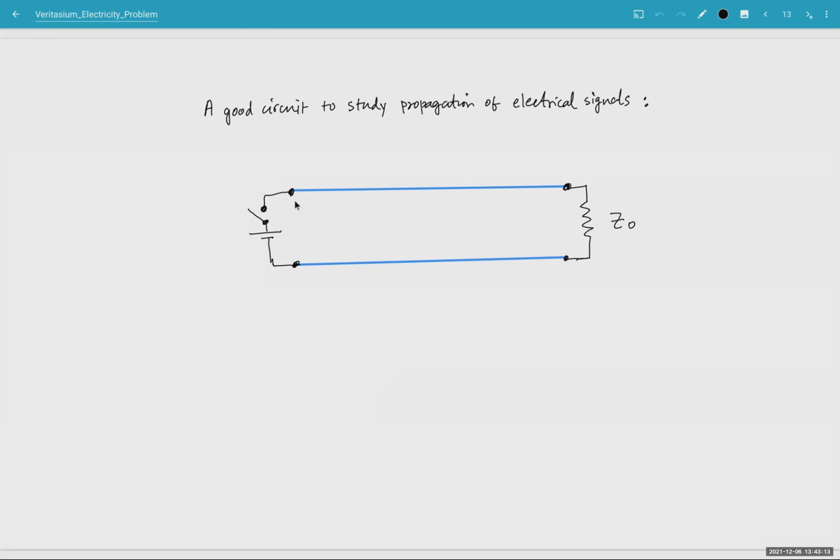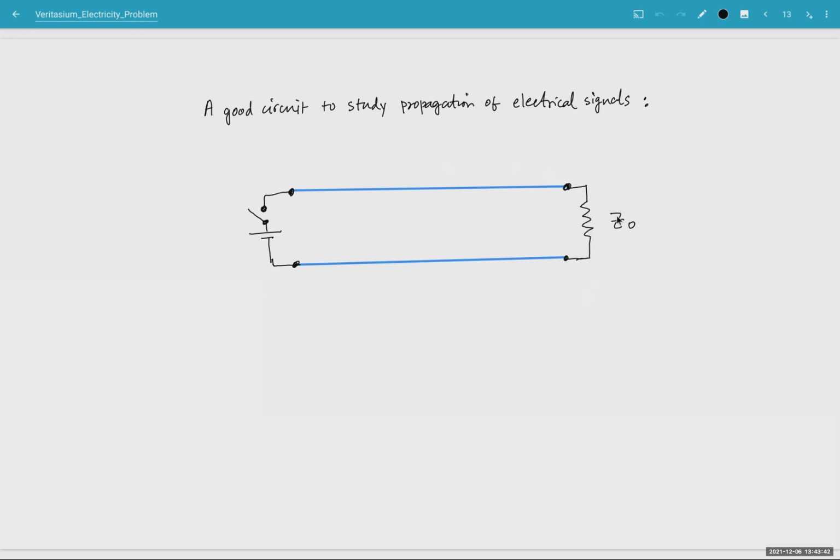Obviously, you just put a long transmission line, just like was suggested, and you close the switch, and then you measure the voltage across a resistor. And now this could be potentially some sort of a light bulb, as long as you make this resistor kind of match to the characteristic impedance, so that most of the electrical energy is delivered to this load.